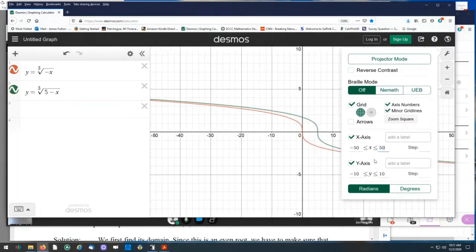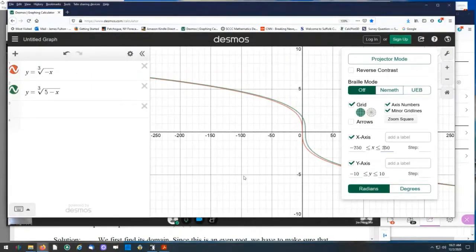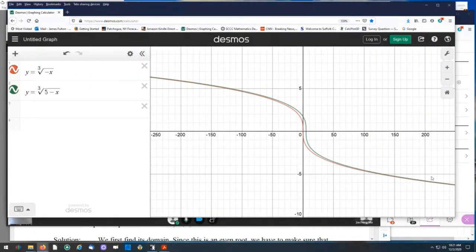In fact, let's go a little bit further. Let's go to 250. And you can see what happens. There's a shift here, but as you go further and further out, they line up with each other, and they just fall on top of each other.